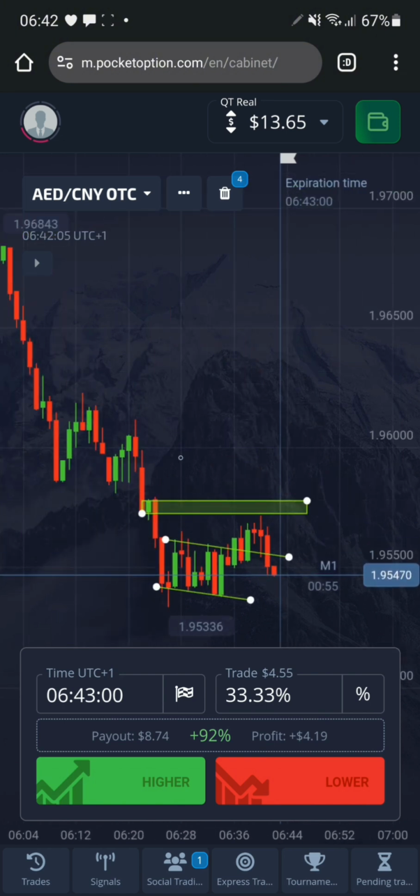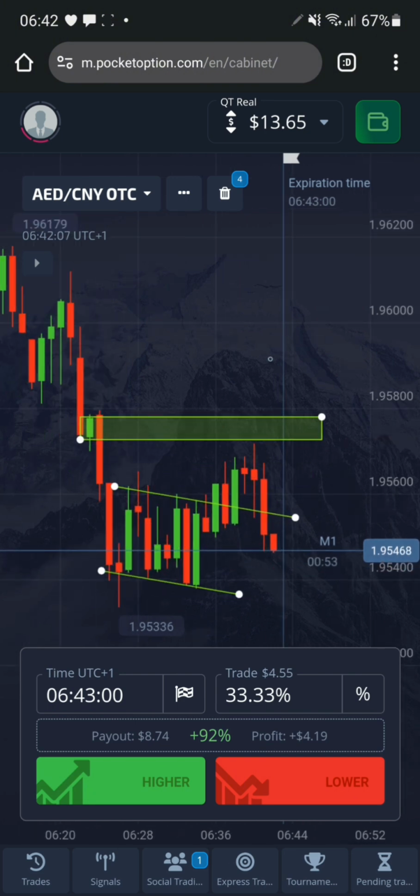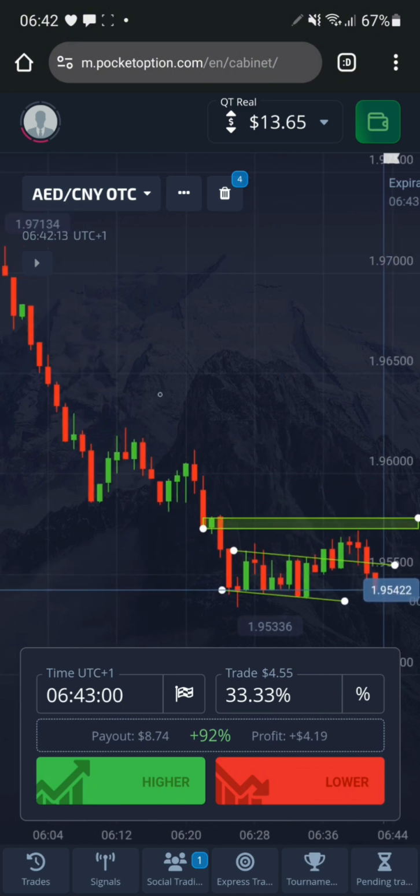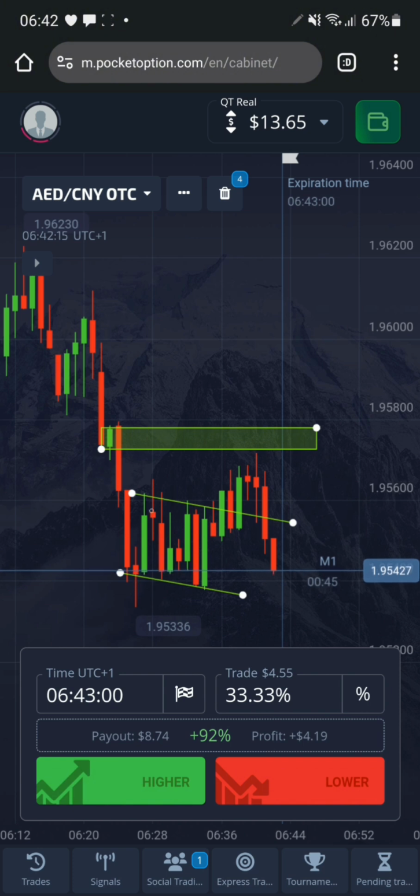That's what I was talking about. The trend most of the time always wins, because we came into this ranging market with a downtrend. So it's very possible that the market will bounce up and down, range a little bit, then break to the downside.